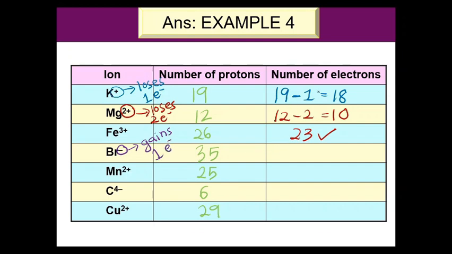So to find the number of electrons, it would be 35 plus 1, which is 36. Now you do manganese 2 plus. Yes, that is correct. It would be 25 minus 2, which is 23.